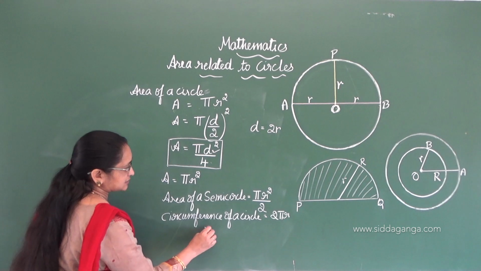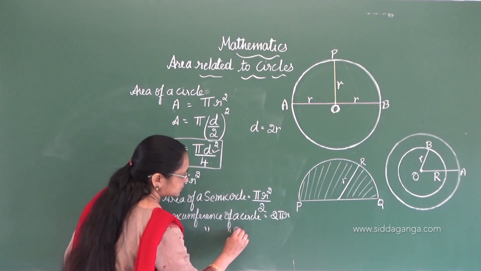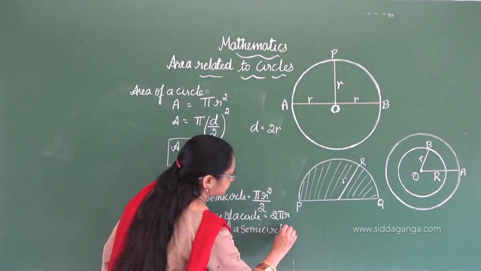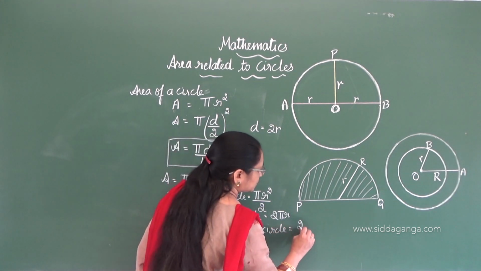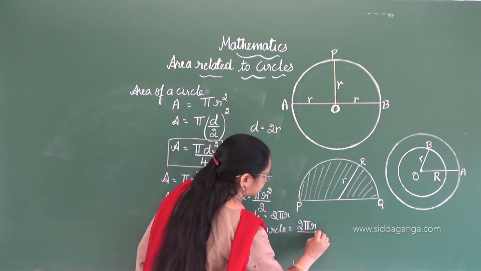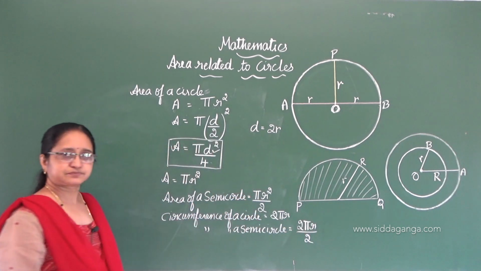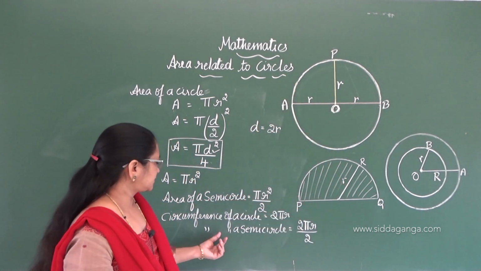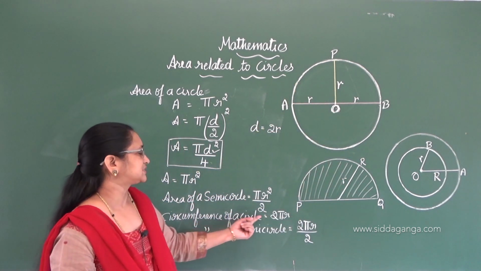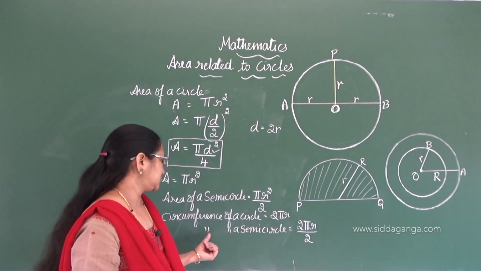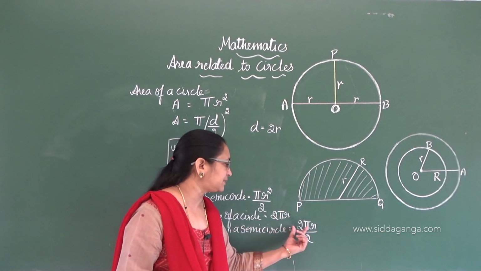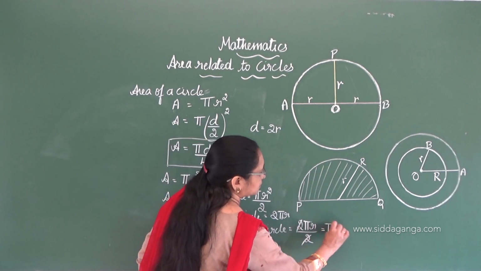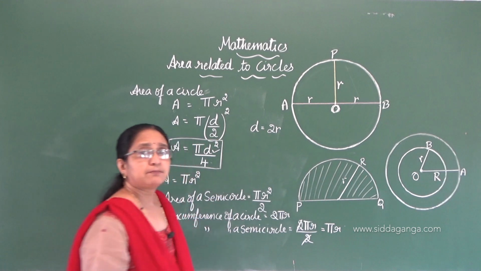Now, if we want to calculate the circumference of a semicircle, then 2 pi r divided by 2, same way, because it is half of the circle, correct? So the circumference of a circle is 2 pi r and the circumference of a semicircle will be 2 pi r divided by 2, means it is equal to pi r, correct?